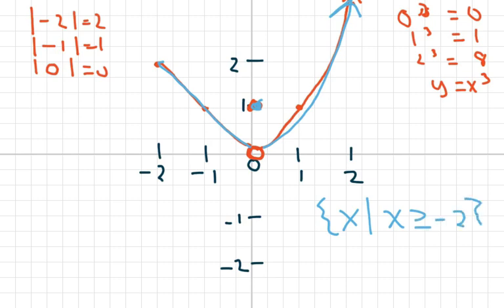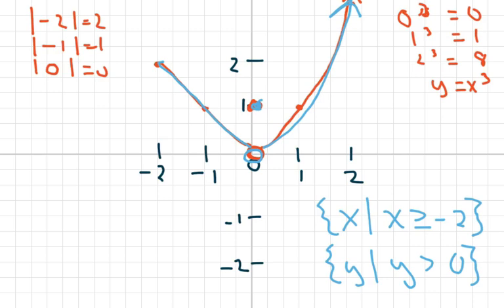Now, what do you think about the range? Well, you can tell the range just by looking at the graph. There's no negatives. Everything's positive, but it can't equal 0. We have a hole there. So we're just going to put y is bigger than 0. Okay? What else do we have to do for this?